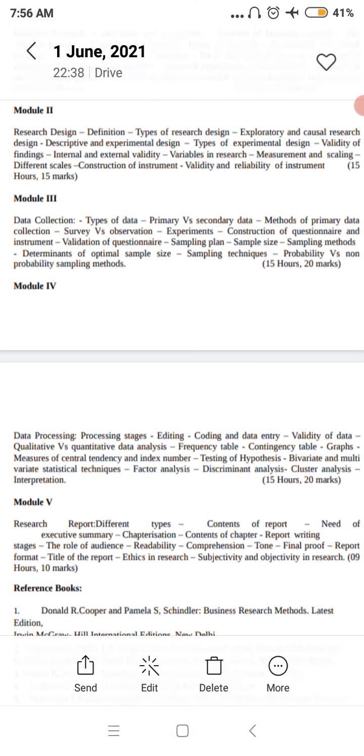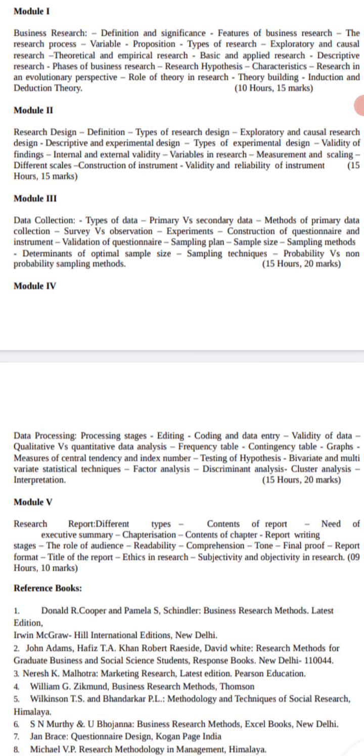Then the final module is module 5. It's about the research report. So after completing the whole process of business research, we have to document it in order to present it before somebody, or else to use as a reference for the next generation. Okay, it's all about forming a document after completing your research process.